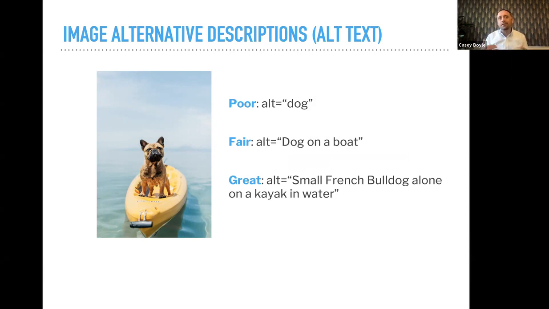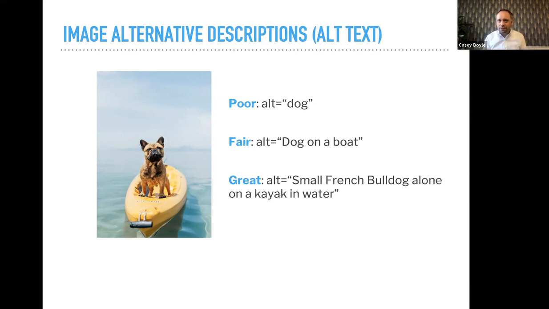Concision and precision doesn't necessarily need to mean few words. You can still get 150 characters in there and still be precise and specific. So the great alt text would be: small French dog, alone on a kayak in water. This is a much better description that allows the image and the function of the image.